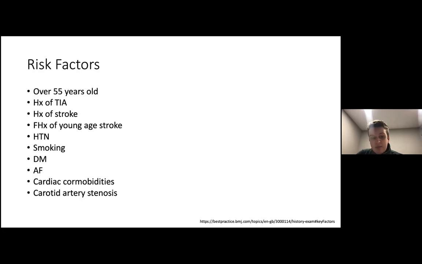Diabetes, AF, which can be a cause of ischemic stroke, any cardiac comorbidities, and stenosis of the carotid arteries. So it's good to bear this all in mind if you're ever going to go and see a patient who you think might be having a stroke. Think about what you're going to ask in the history to ascertain these points.